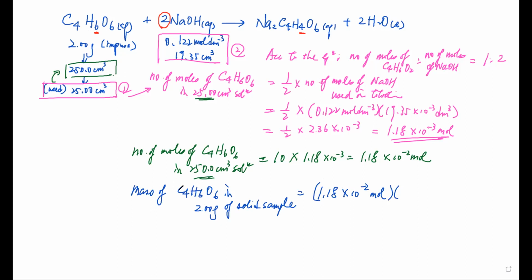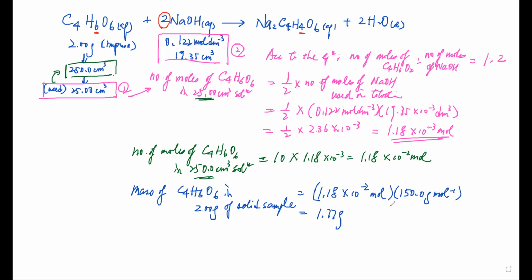Its molar mass is 150.0 gram per mole. So you may get about 1.77 gram.